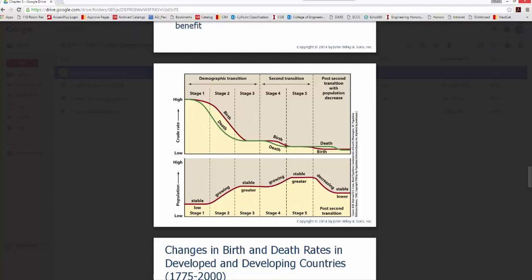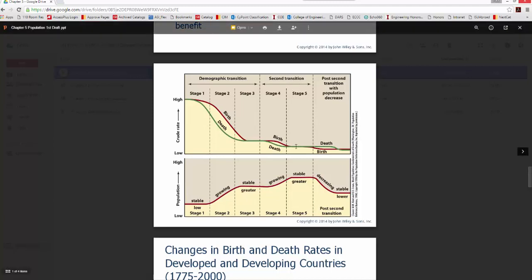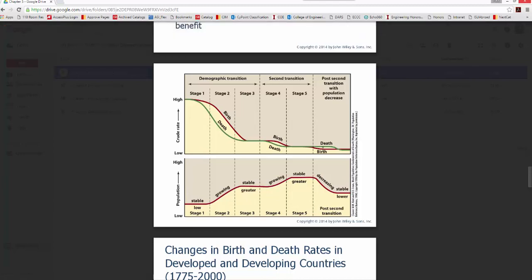And finally, as we head into stage 5 here, the birth rates and the death rates are the same, population now stabilizes again at a higher rate. And then after this second transition, right here, death rates stay the same. However, birth rates begin to dip below death rates. Now, this is the first time we see this. This occurs after stage 5.